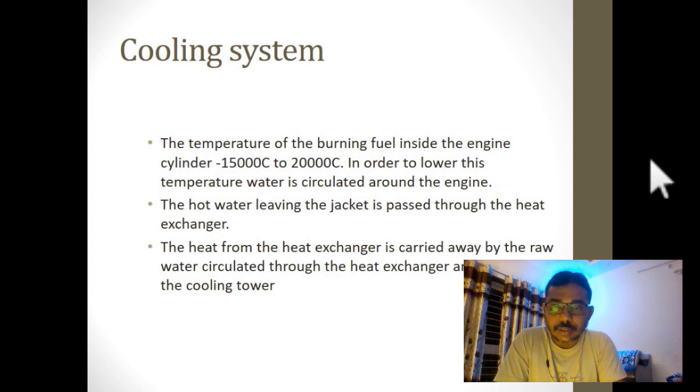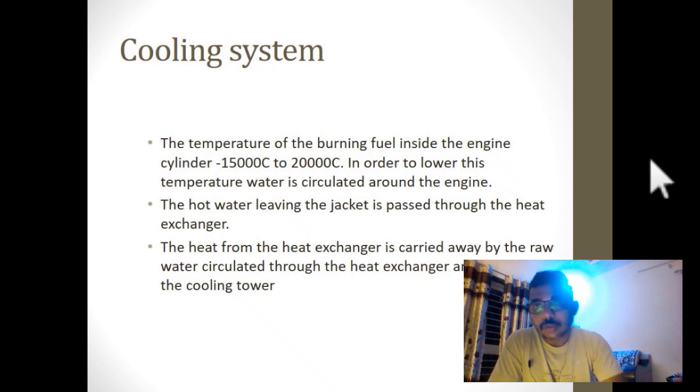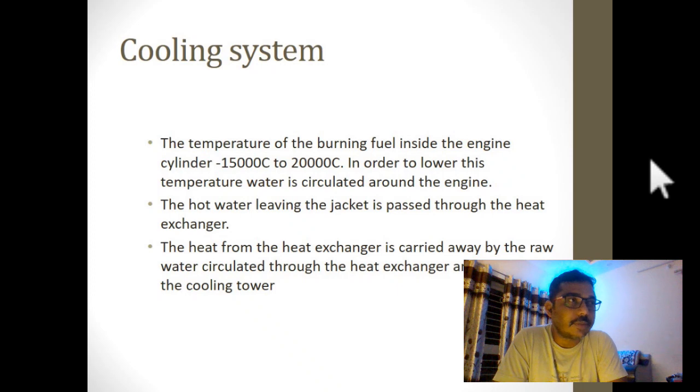Generally, water circulation cooling is done. Outside the engine, the water is circulated where heat is exchanged from these flue gases to the water. This high temperature, 1500 degrees centigrade to 2000 degrees centigrade, we have to remove.